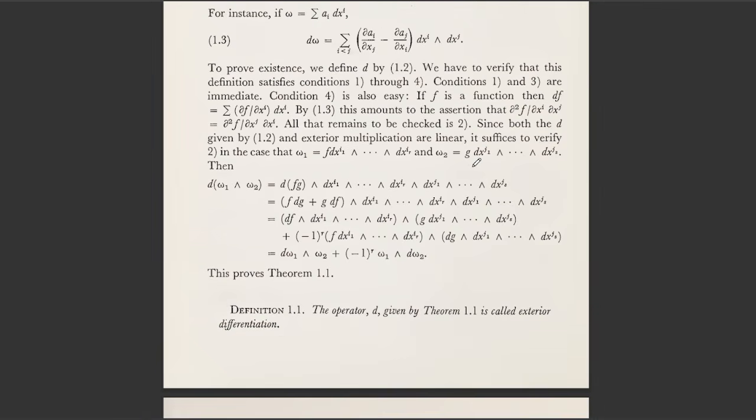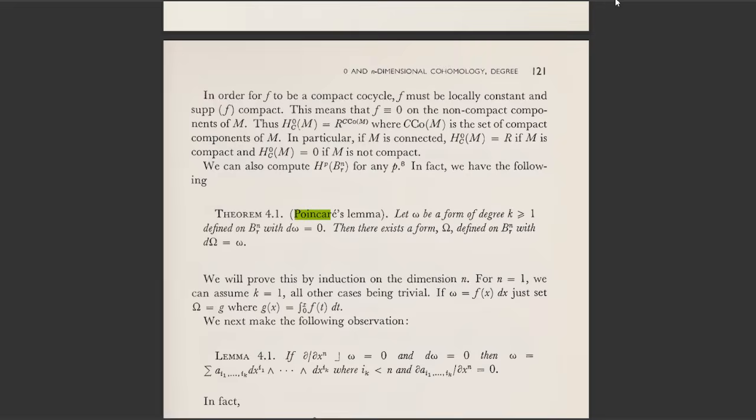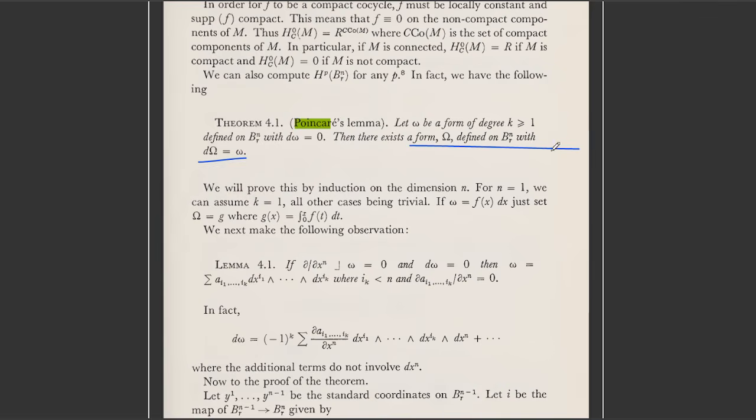Let's look first at Poincaré's lemma, because I know that's in this chapter. Poincaré's lemma basically tells us that closed forms are locally exact. Locally, this is defined on a ball.